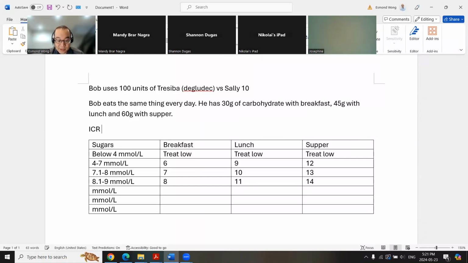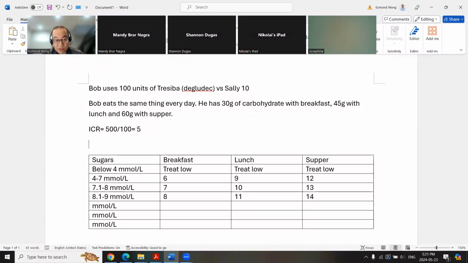For Bob, his numbers would be 500 divided by 100. So his ratio is 5. He takes 1 unit for 5 grams. And his insulin sensitivity factor is 1.